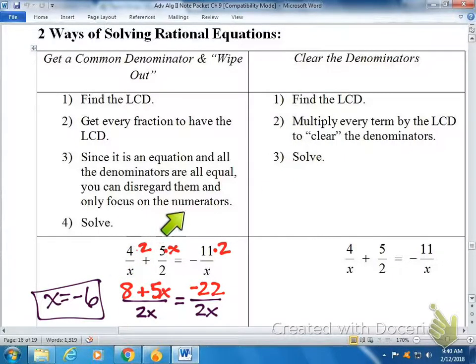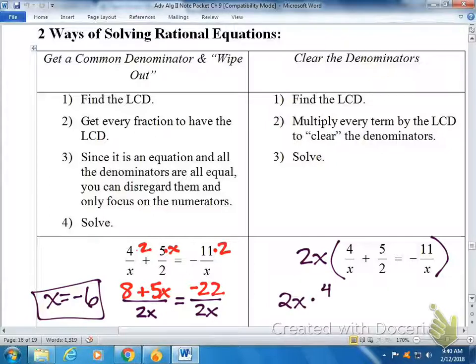Because we're clearing the denominators in the end, it's almost like clearing the denominators in the beginning. So this is what it looks like. We completely distribute 2x, the least common denominator, to every piece. If you multiply the first fraction by 2x, the x's cancel and you're left with the 2. So I just want to show you what it'll look like.